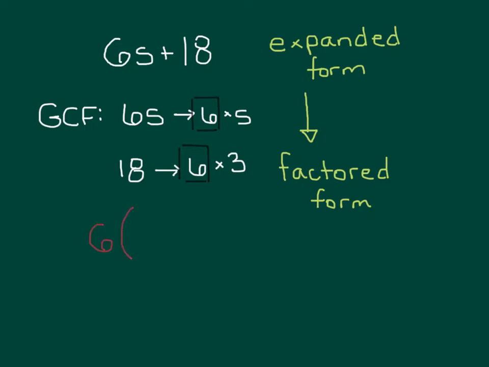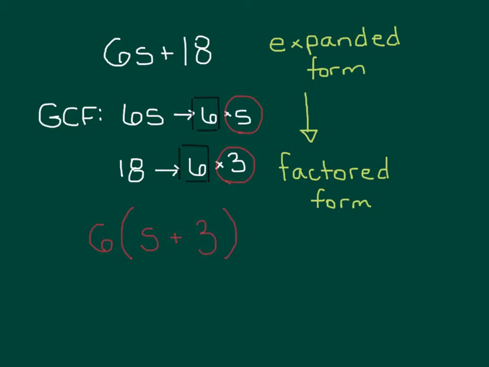This is indicating that I'm really going to multiply something, and in this case, I'm going to multiply this entire quantity by everything that's left over. So I still have this s that's out here that I didn't use, and I still have this 3 out here. So it's going to become s plus 3.